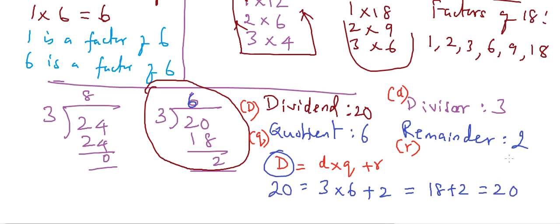So this relationship holds good for any division. Even in the other case, the remainder is 0. If you multiply d into q plus r, the divisor is 3, 3 into 8 plus 0 is equal to 24 plus 0 equal to 24. So this is the dividend, 24.